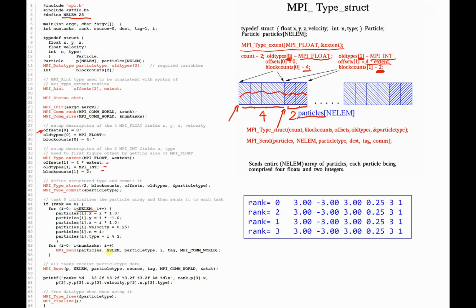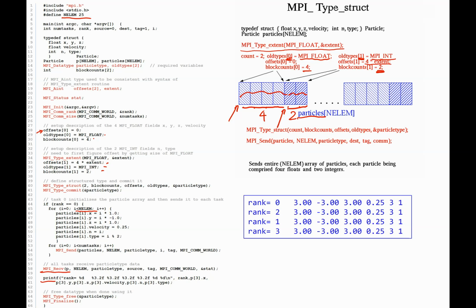And then we're going to send these 25 particles to all of the other processes. So every process is going to be receiving 25 of these particles. The final thing is we're going to have all of the processes print out the information for the 3rd particle that they receive.